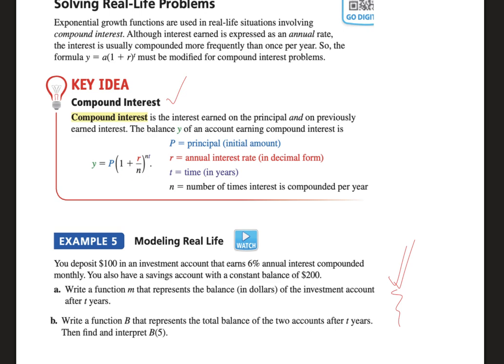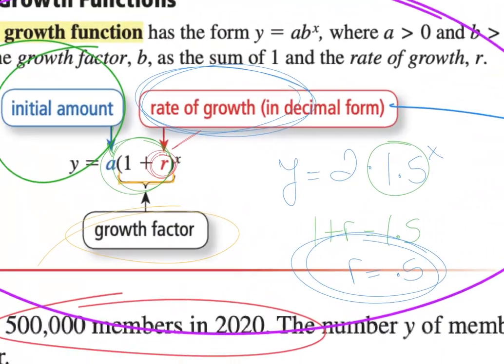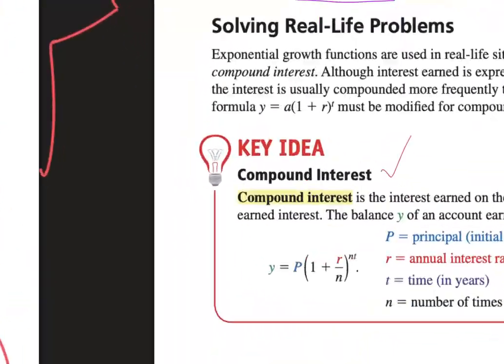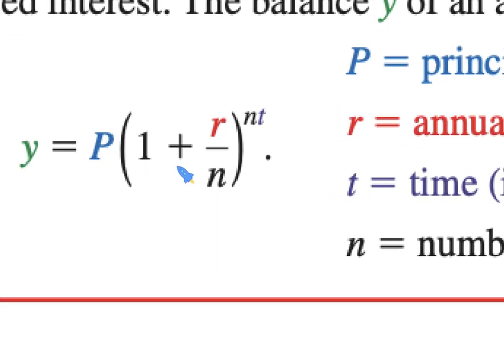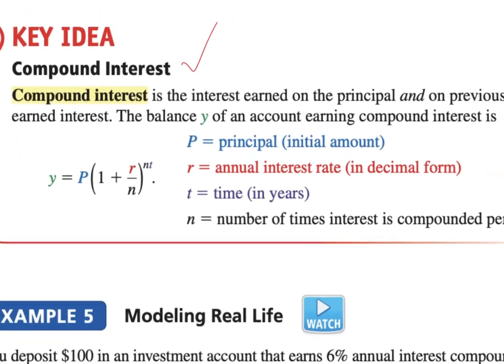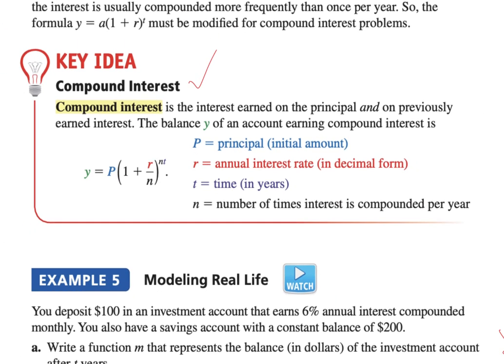And this is like this over here, where we are having a growth factor where it's 1 plus a number. So right here is 1 plus the rate, the annual interest rate, okay? But it's not just the interest rate. It gets divided by the number of times it is compounded per year.